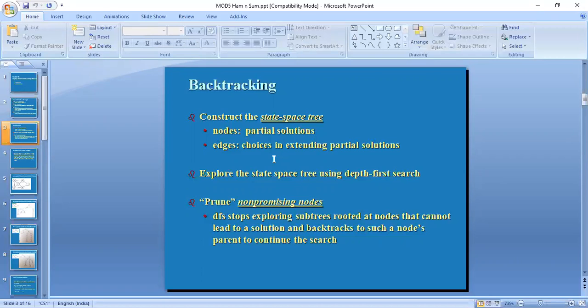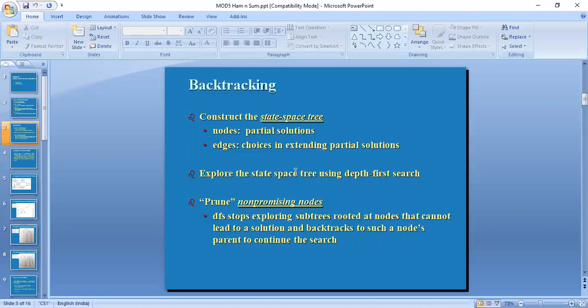So by using the depth first search technique, we are going to generate the state space tree and we will be getting the solution. When you generate the state space tree, given any problem, there will be some constraints. So when you say that there are certain constraints to be satisfied, you will be seeing what are the constraints for a given problem.